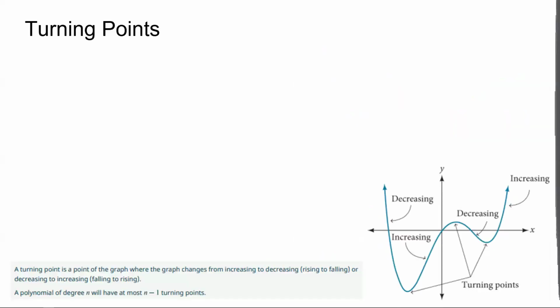The turning points, I mentioned this at the end of last time, and we talked about minimums and maximums a little bit. So you can see that this thing bottoms out right there, and then it goes up, up, up, and then it stops going up right here and starts going back down, and then it goes down for a while and has another minimum right there.